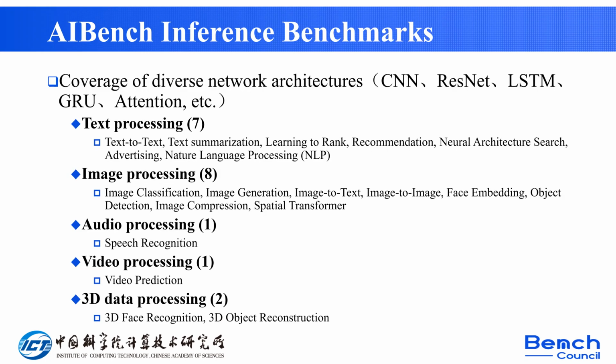AIBench Inference workloads also cover many different networks like CNN, ResNet, LSTM, and others. It also contains workloads for different data types, including text, image, audio, video, and 3D data.